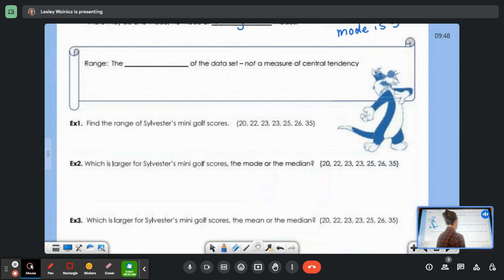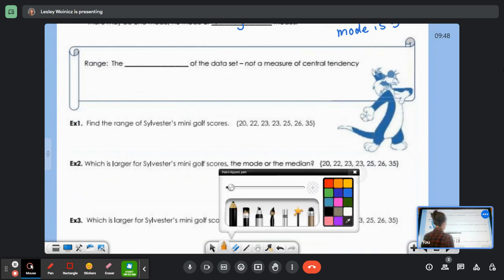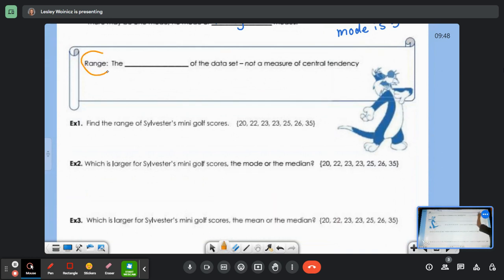The range is not a measure of central tendency. Oh, it says it right there.